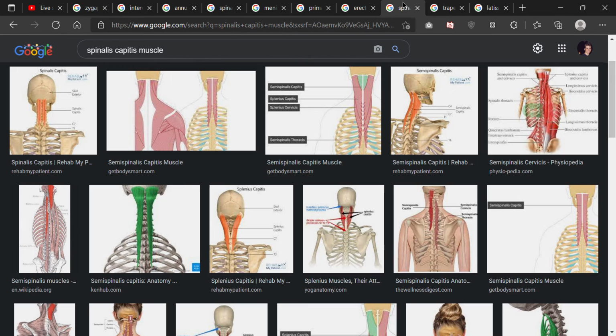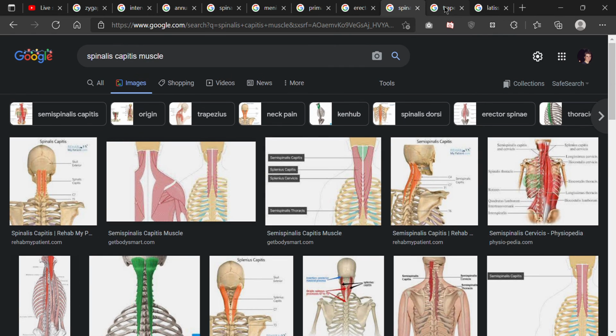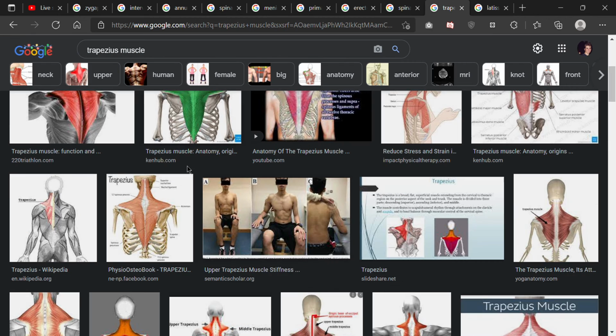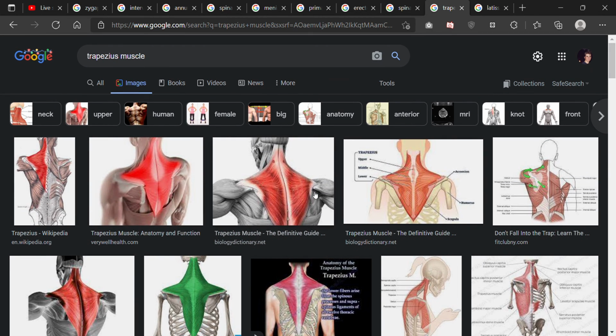Also is the trapezius. The trapezius originates from the occipital and goes all the way down to T12, and it inserts into the spine of the scapula.